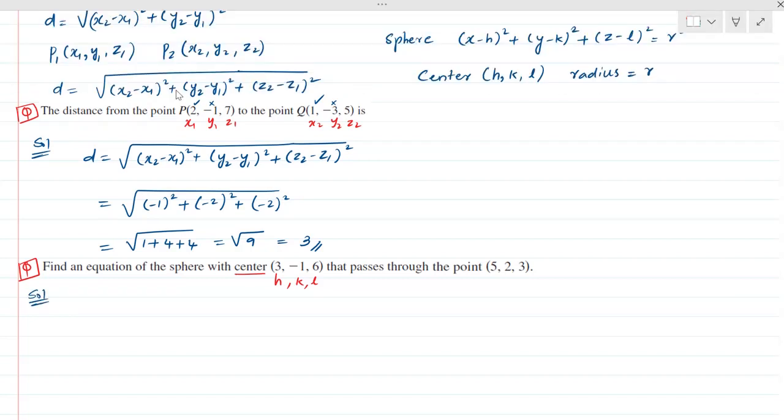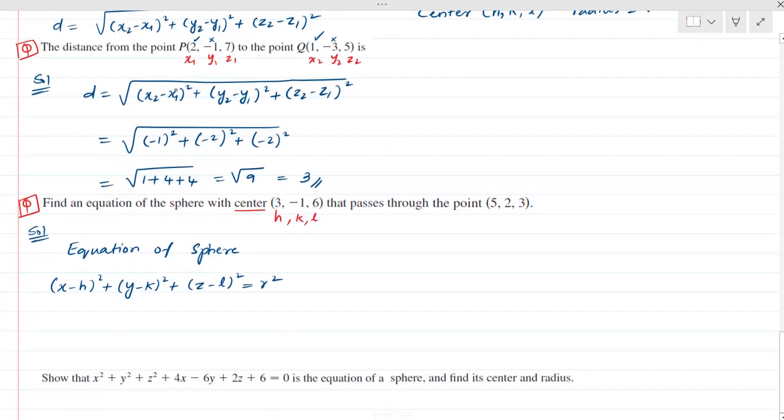I will take this one, the equation of a sphere, which is given by x minus h whole square plus y minus k whole square plus z minus l whole square equal to r square. So this is the formula of the sphere.